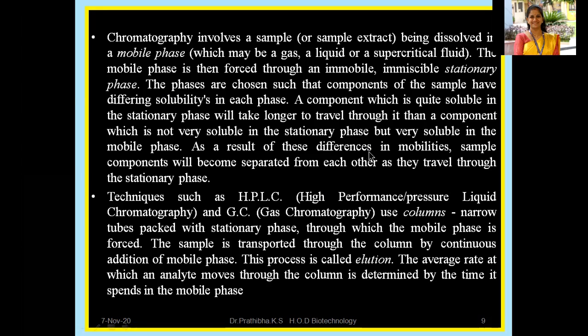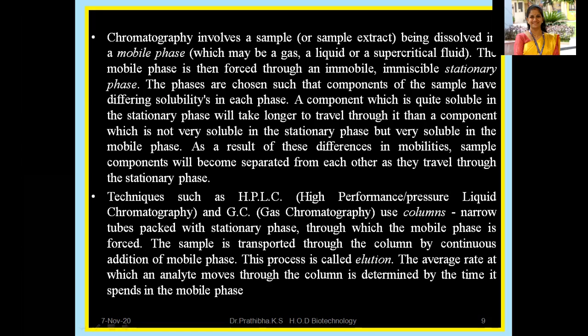As a result of these differences in mobilities, sample components will become separated from each other as they travel through the stationary phase. Techniques such as HPLC, that is high performance or pressure liquid chromatography, and GC, that is gas chromatography, use columns.